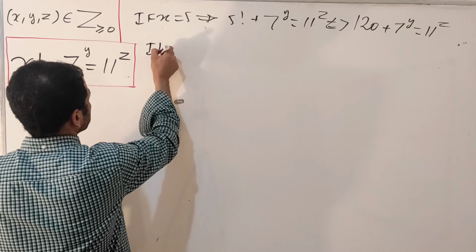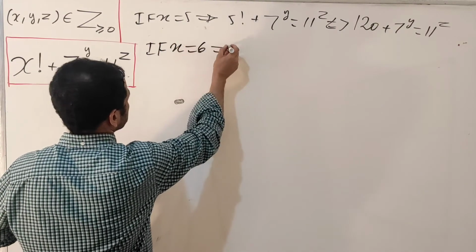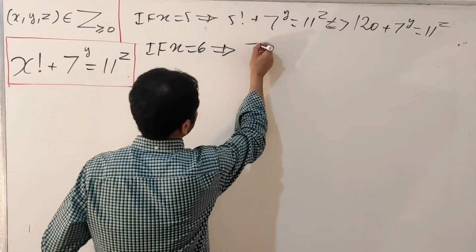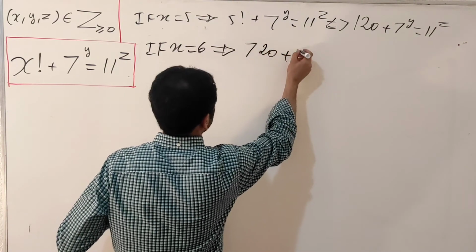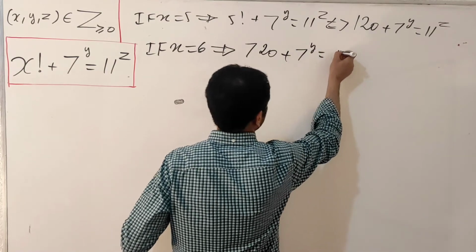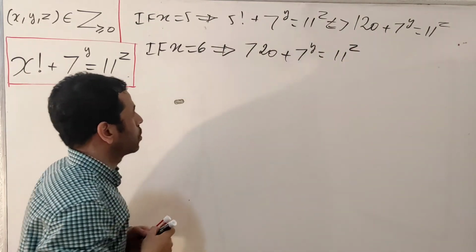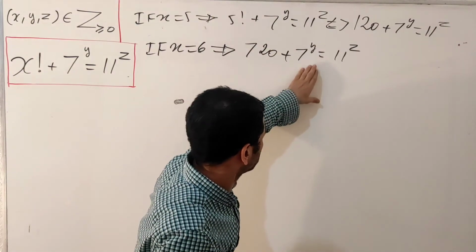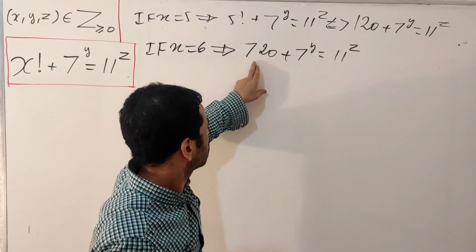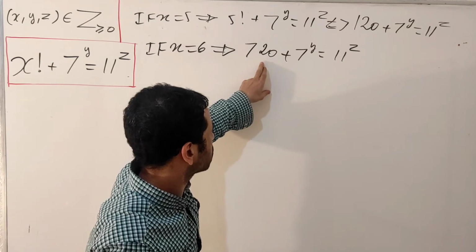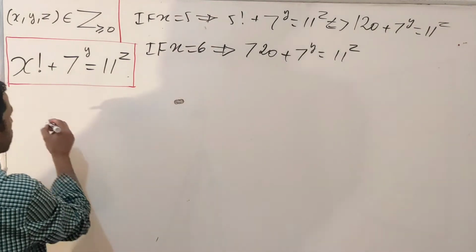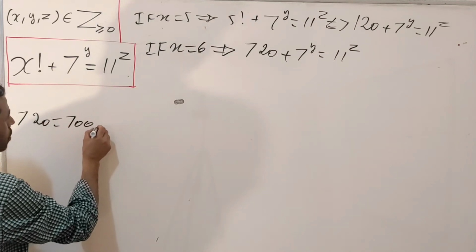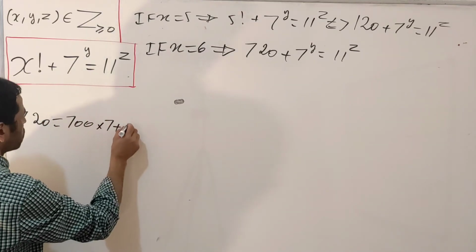If x equals 6, it implies 6 factorial, which is 720, plus 7 to the y equals 11 to the z. Okay? So I'm almost going to do the same thing here by reducing this equation to mod 7. 720 is the same as 700 multiplied by 7 plus 20.